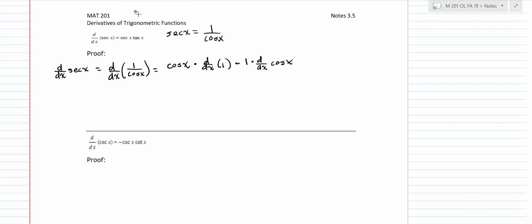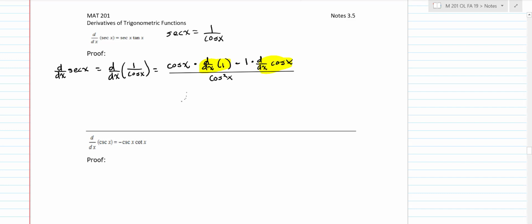Then we put that all over the bottom squared, or cosine squared x. I'm just going to see what happens. We do that derivative, and then that derivative right there.